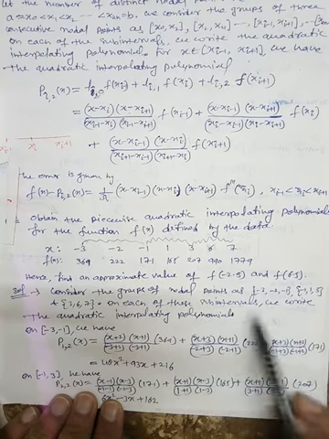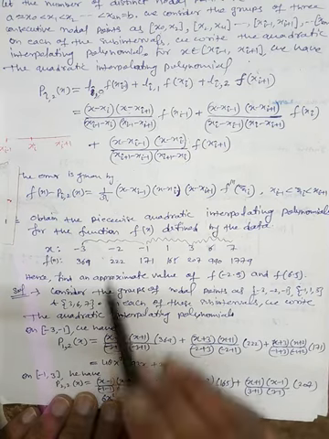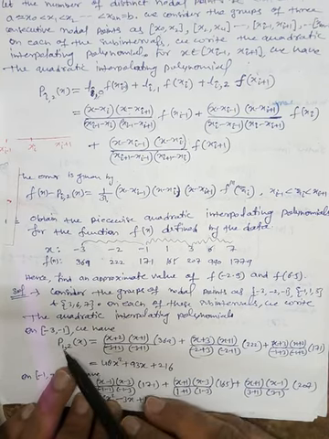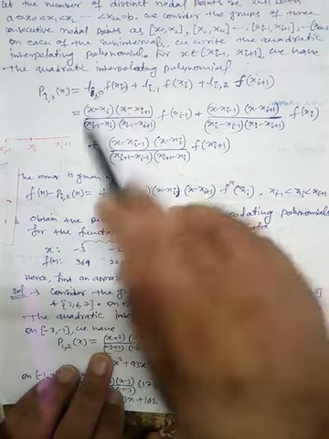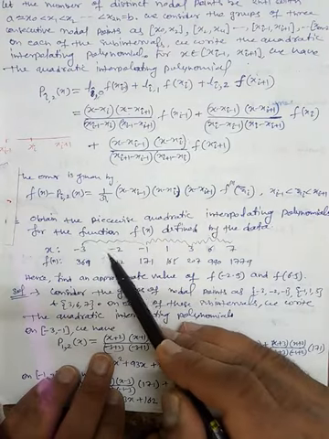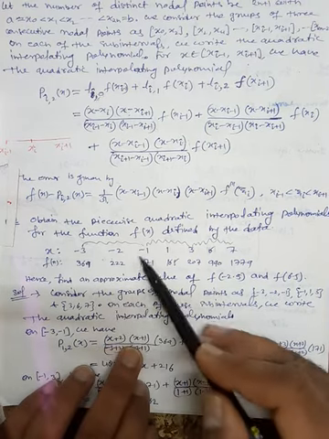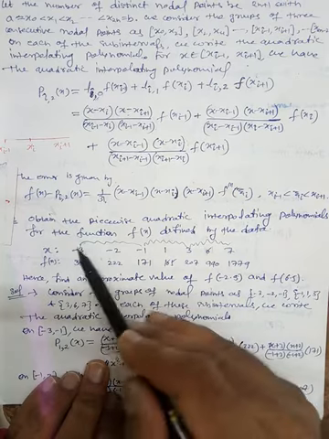On each of these subintervals, we write the quadratic interpolating polynomial. So on the interval minus 3 to minus 1, we have P1 2x, first polynomial of degree 2, which is obviously using the same formula, this. So x plus 2, this we subtract, x minus minus 2, that means x plus 2, then x minus minus 1, so x plus 1, divided by, just replace x by minus 3.